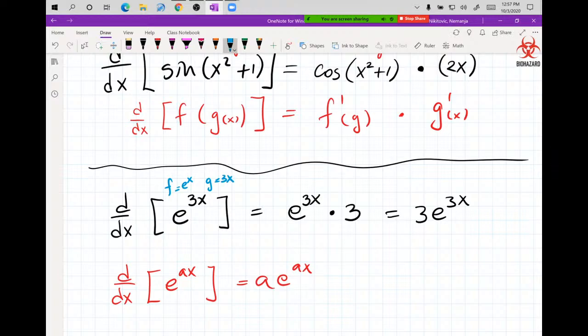When I took the derivative of f with respect to g, I got e to the g, but g is 3x. So here is my derivative of f with respect to g, so g is still plugged in, and then the derivative of 3x is just 3, which actually gives us that shortcut formula, so we don't have to go through this calculation if you know the formula, which just drops a in front.